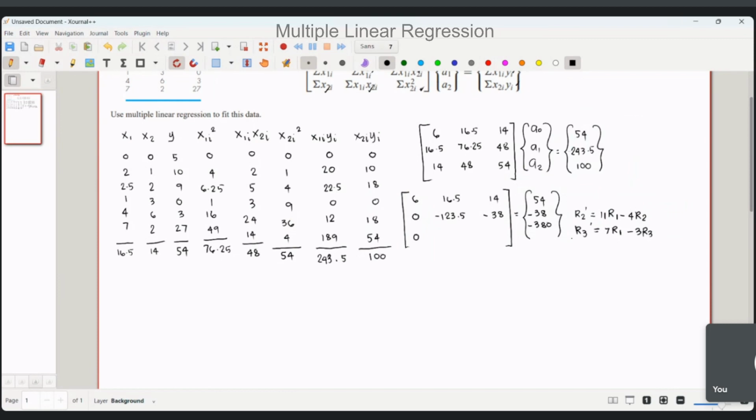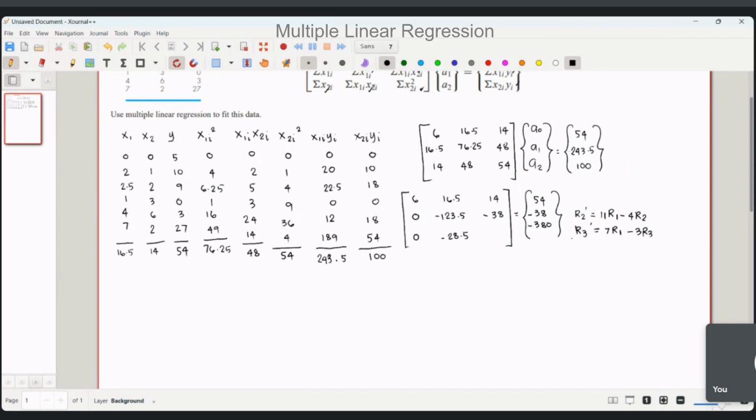Next, we have 16.5 and 48. That's negative 28.5. Is that right, class? Negative 28.5, miss. Correct.